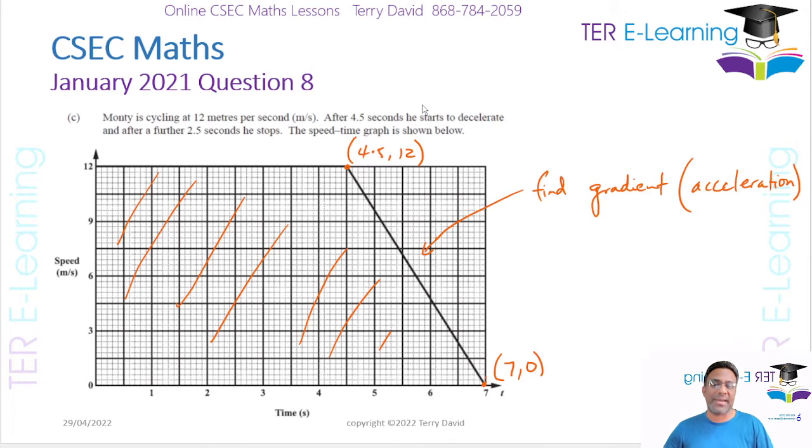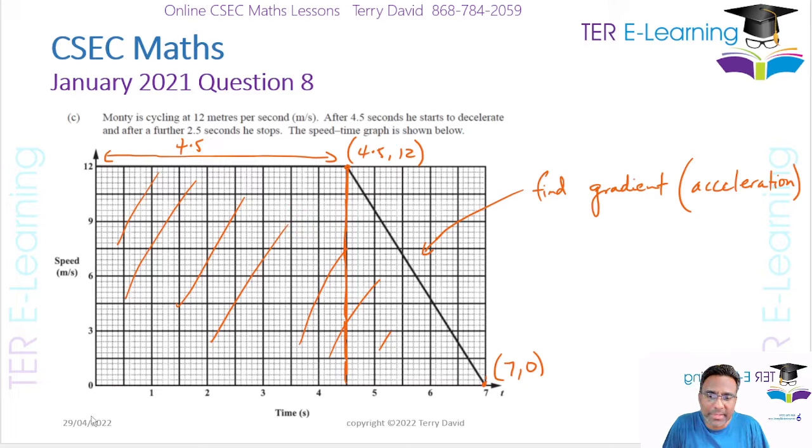So there are two ways we can find the area. That shape there looks like a trapezium. So I can use the area for trapezium to find the distance, or I can break the shape up into a rectangle and a triangle. It's up to you all. So I'm going to use the formula for a trapezium. From here to here, that distance there is 4.5.